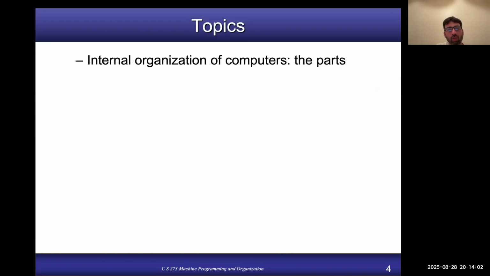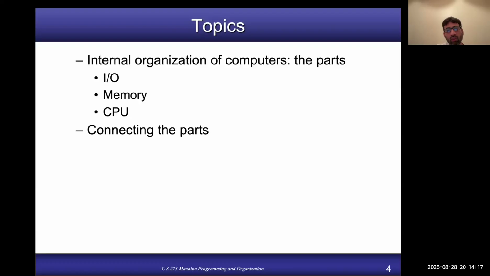So the topics we are going to cover are the different parts of a microcontroller. For example, the component of the microcontroller which deals with input and output, its memory chips, CPU, and how these different parts are connected with each other on the chip of the microcontroller.